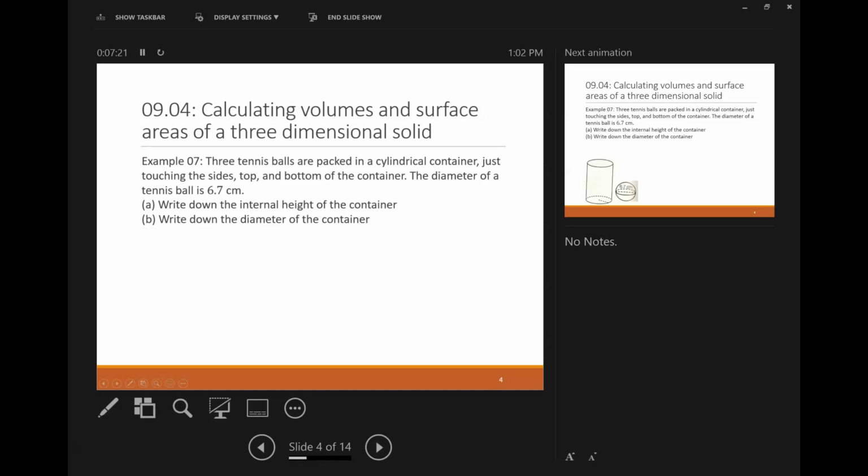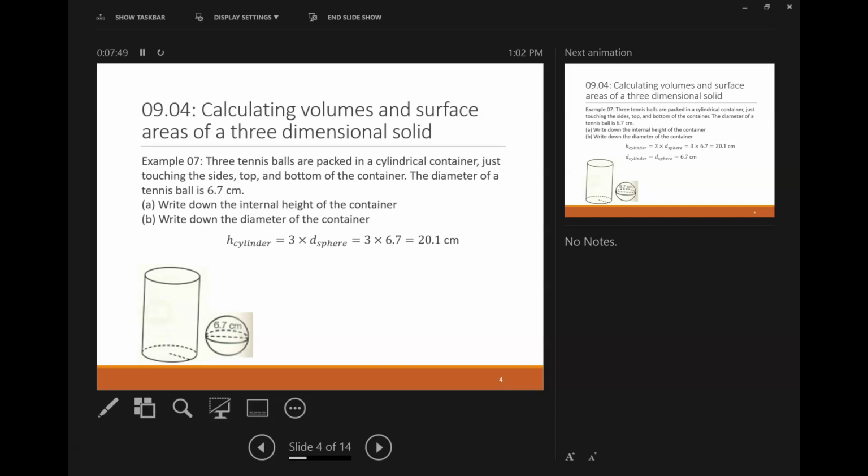So let's think about this. What is the internal height of this container going to be? How many tennis balls high is it? And how high is a tennis ball? 6.7, so it's just going to be 3 times 6.7.